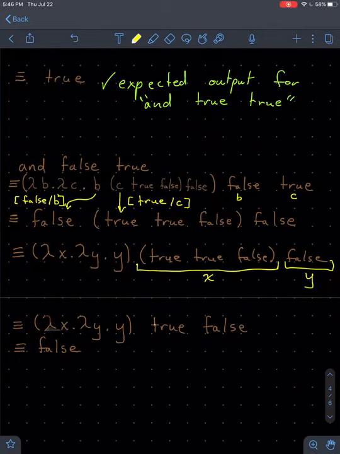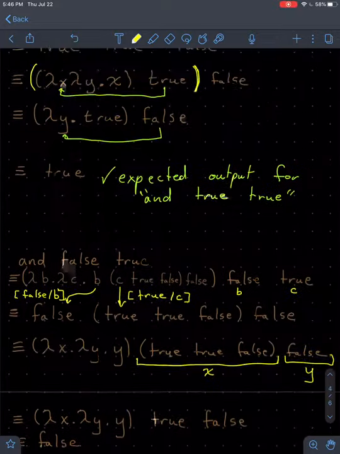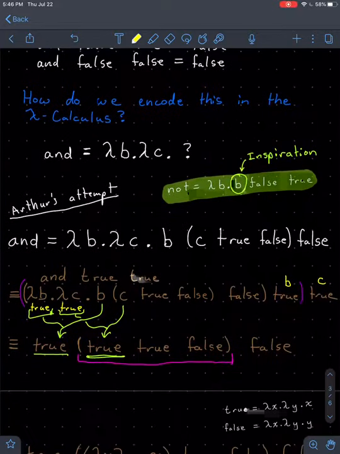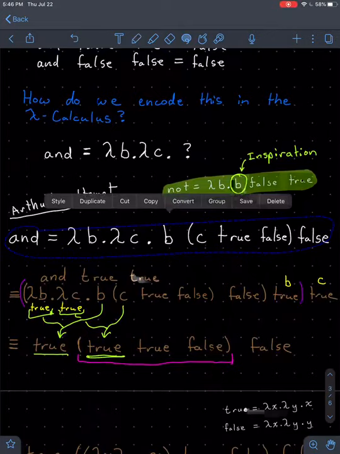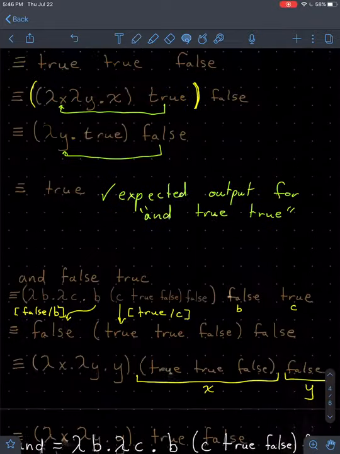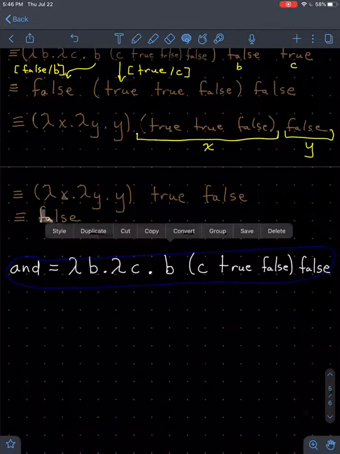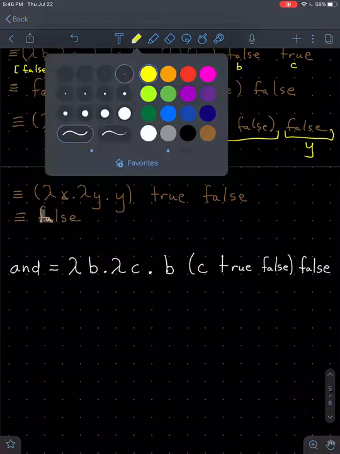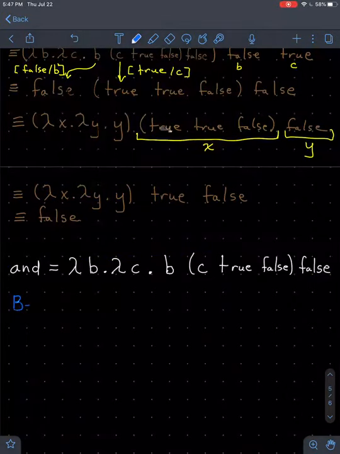So I want to take a step back to a comment that Ben made a second ago. So let's pull out our definition of and again. I'm going to copy what Ben said verbatim, though I'm changing one thing about what he said.